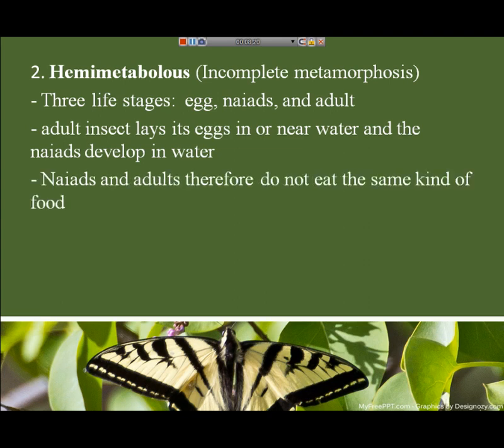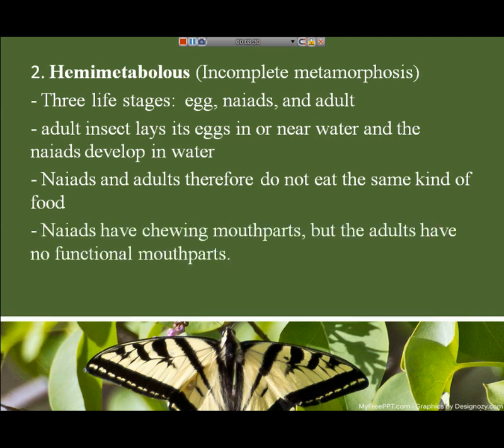Naiads and adults therefore do not eat the same kind of food, since there is a habitat difference. In addition, naiads have chewing mouthparts, but the adults have no functional mouthparts.